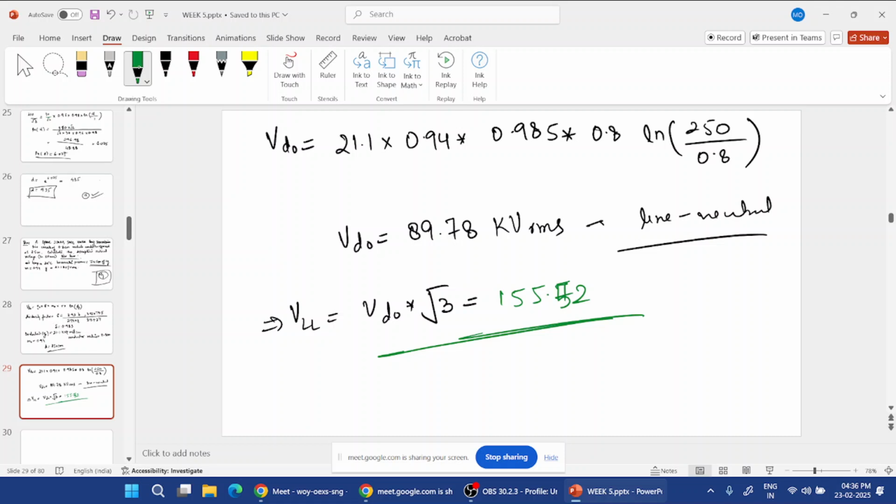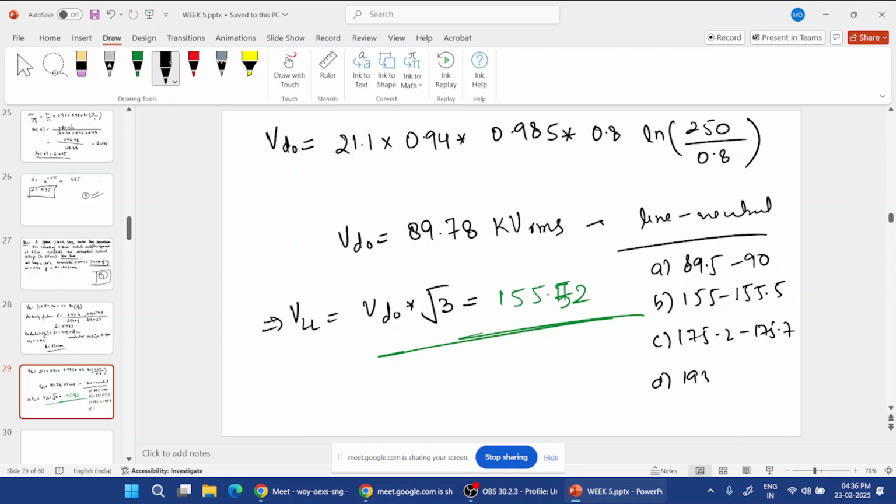So if we go to the options given: the first option is 89.5 to 90. B is 155 to 155.5. C is 175.2 to 175.7. D is 193.2 to 193.6.